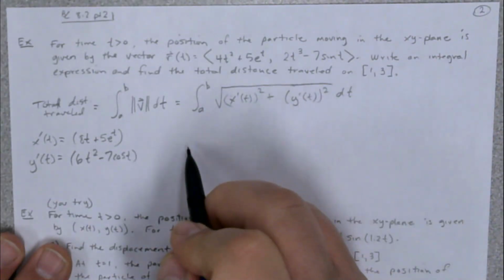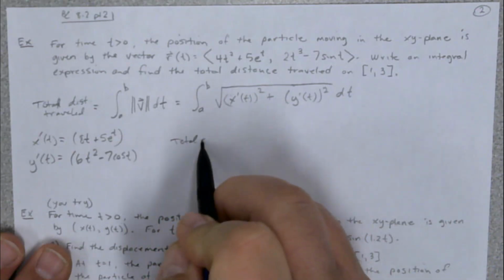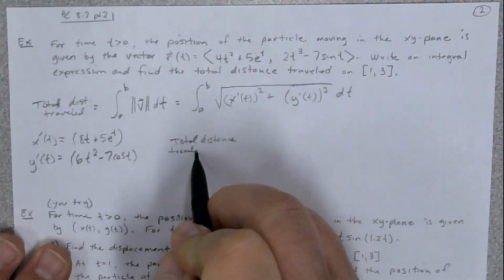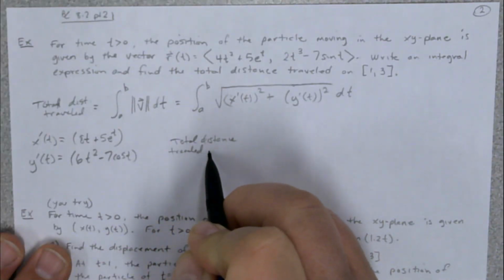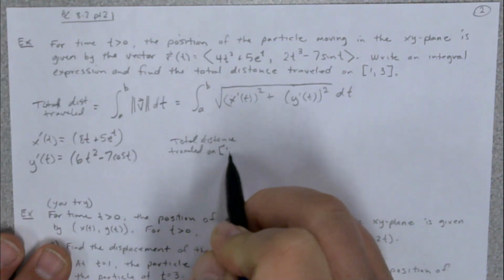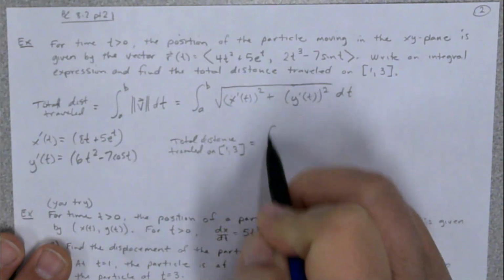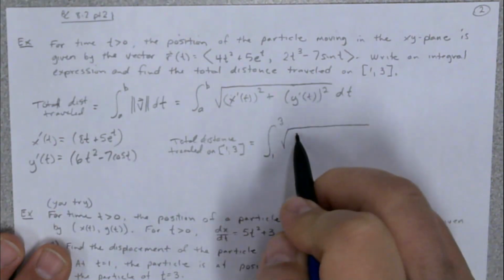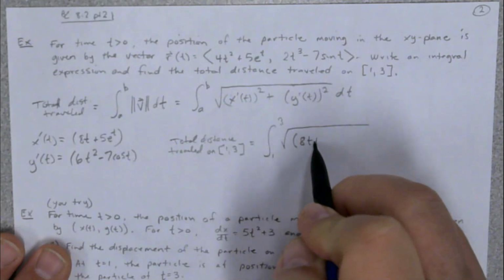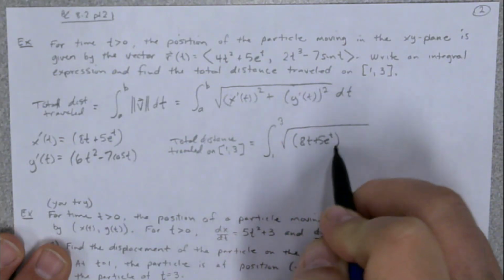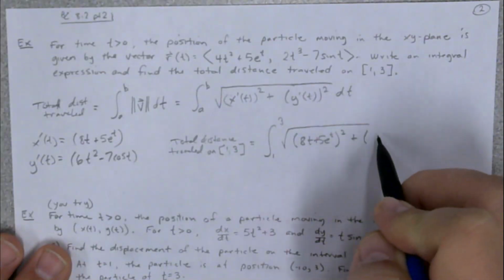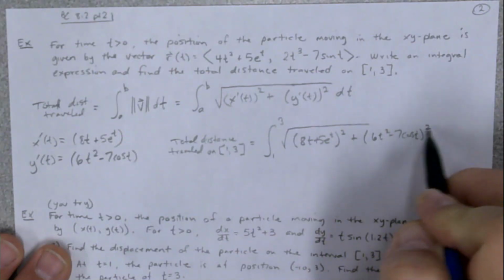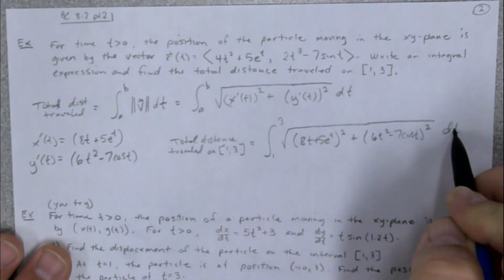And so our total distance traveled on the interval 1 to 3 is going to be the integration from 1 to 3 of the square root of 8t plus 5e to the t squared plus 6t squared minus 7 cosine of t squared, dt.